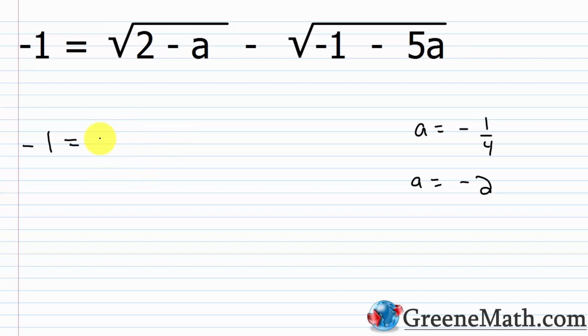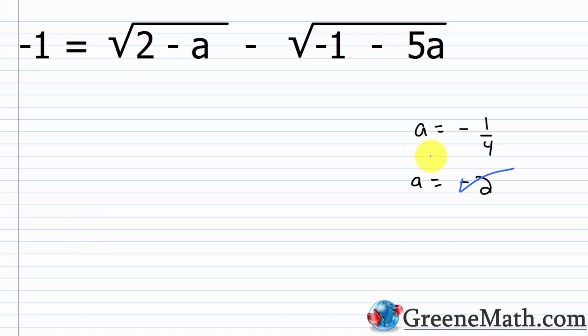Minus the square root of negative 1 minus 5 times negative 2, which is negative 10. So I'd have minus a negative 10, which is plus 10. So really this would be 9. We know the square root of 9 is 3. 2 minus 3 is negative 1. So that one works out just fine. This is a solution for our equation.